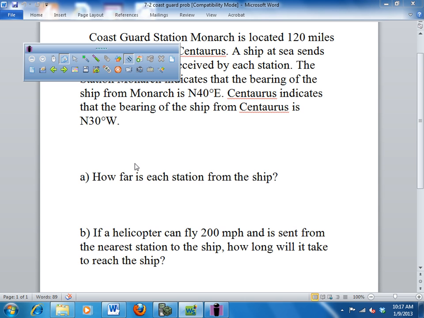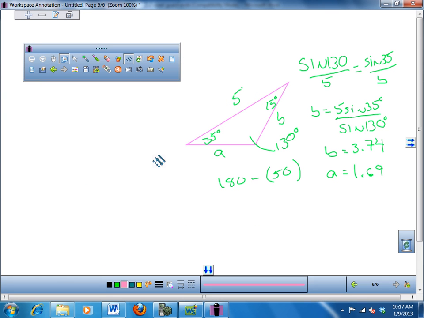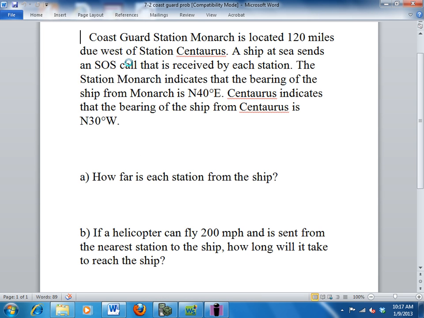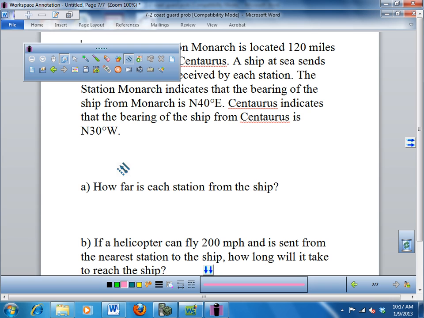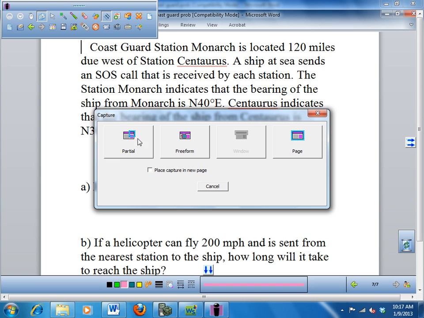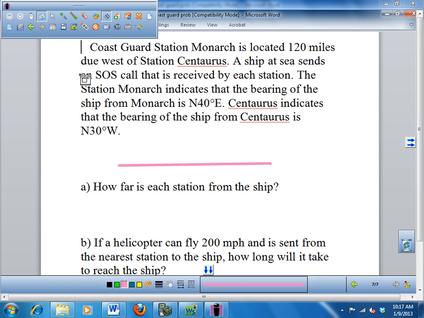So the first thing I'm going to do is take a picture of it so that you can see what's going on. Yeah, that's what I'm going to do. Okay, let me take a drink real quick. Okay. So I'm going to place this, capture new page.